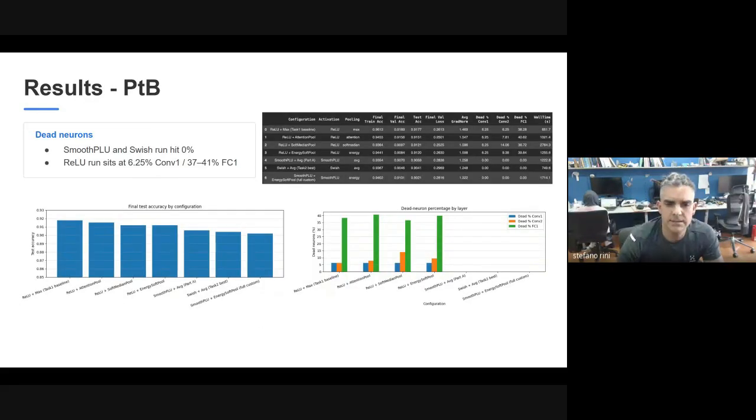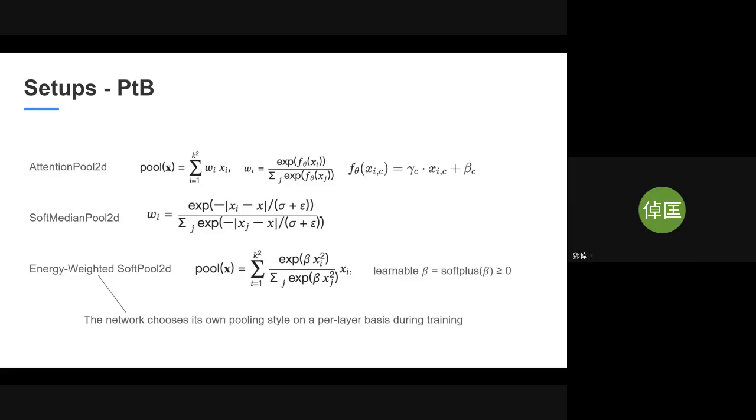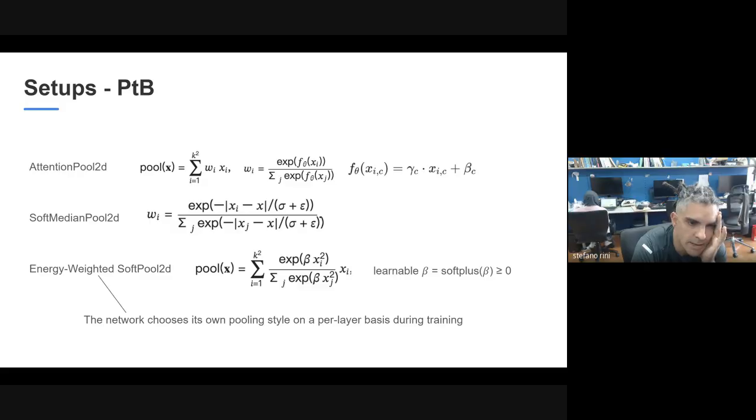Soft median. Why is it a soft median? Can you go back one slide? How is that a soft median? What is this soft median? I'm thinking why you call this a soft median, right?